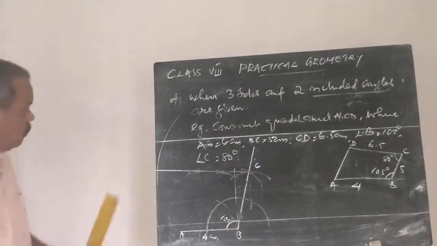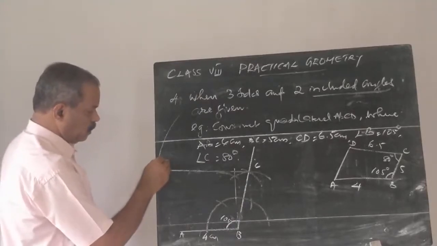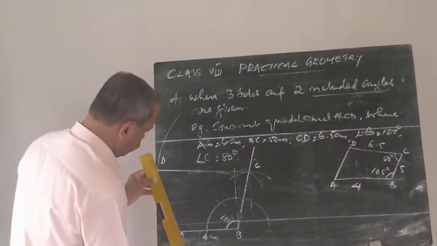Then where it meets the arc, this point is D. Then join AD.